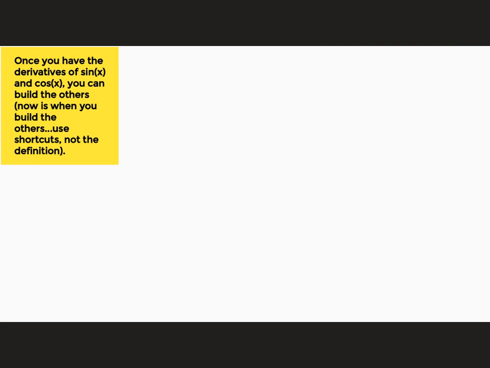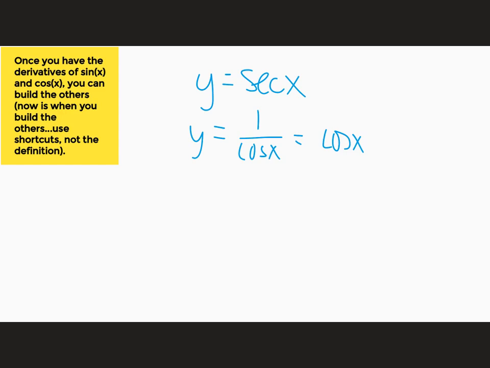So, suppose I have y equals the secant of x. Well, that's the same thing as y equals, do I want to do quotient rule or chain rule? I'm going to do chain rule. That's 1 over cosine x, so you could do quotient rule there, or you could think of it as cosine x to the negative 1.